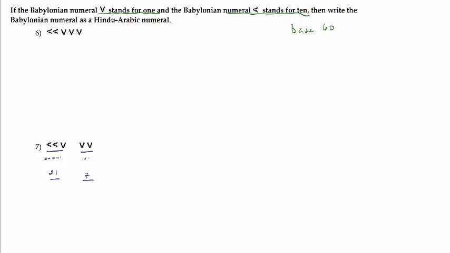And again, I'm converting to base 60. So remember, we start with 60 to the 0, and then 60 to the first, 60 squared, 60 to the third, and so forth. So this is going to be the 60 to the 0 place, and this will be the 60 to the first place. Now what I need to do is multiply and add these out.